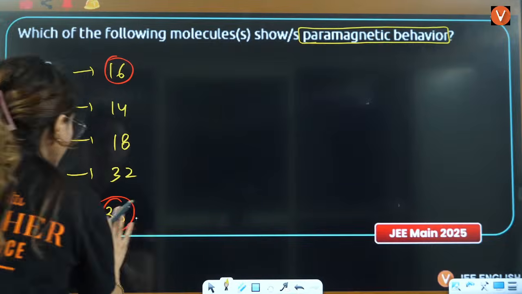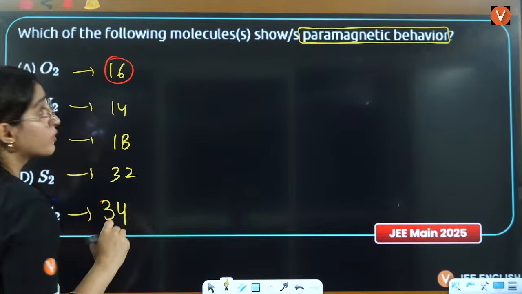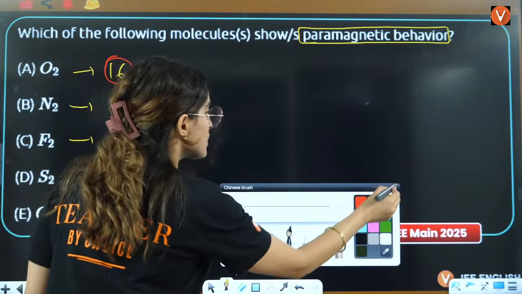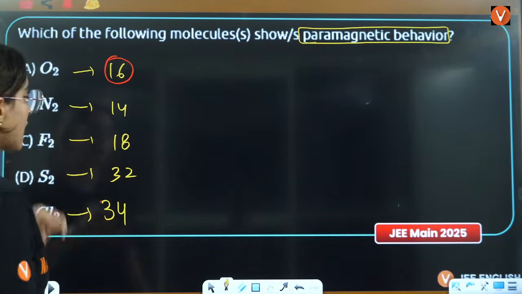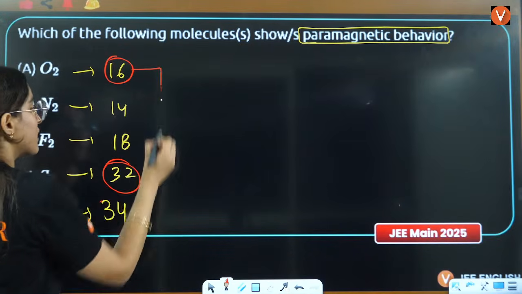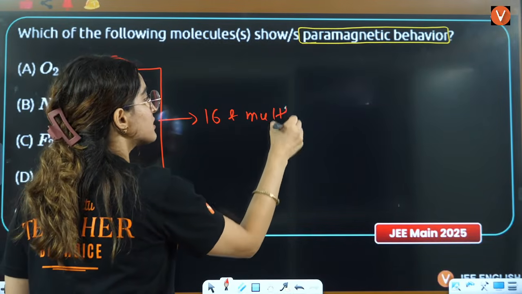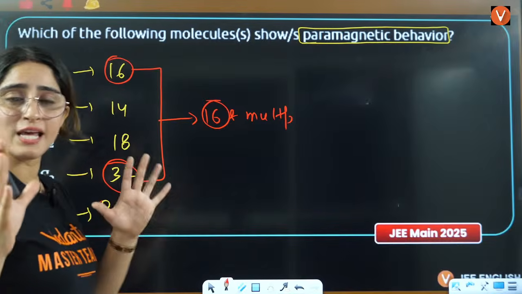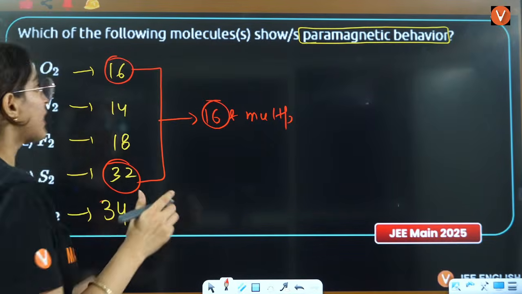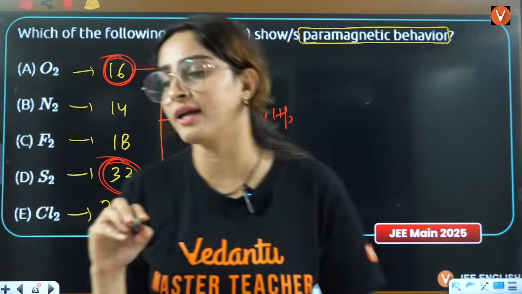This is what I have done wrong. 34 electrons it has, right? So now we can see why we have this and this as paramagnetic. Sulfur will show the same property as oxygen, right? That's why this oxygen and this sulfur are paramagnetic in nature.